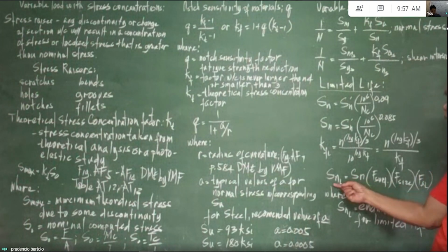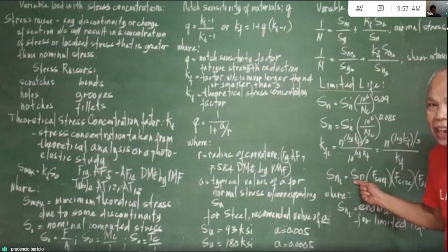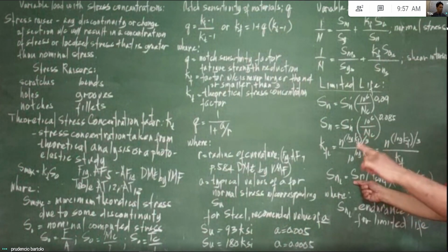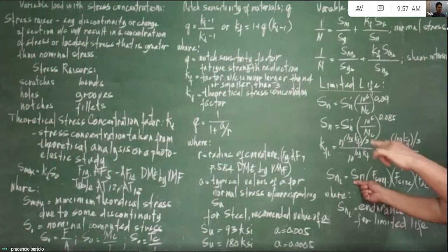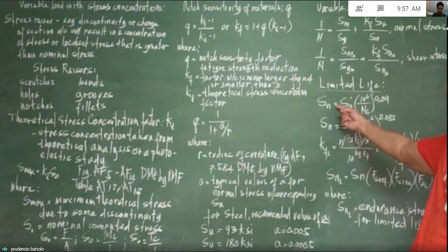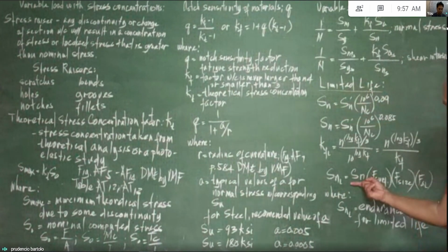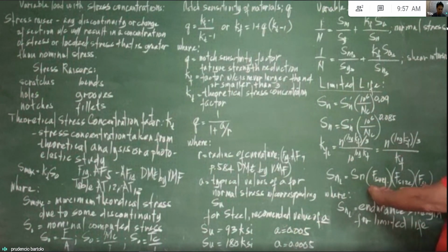So to find the endurance strength for limited life, that is the endurance strength taken for limited life, and that is the one that will be applied here with the corresponding different factors that are applicable.